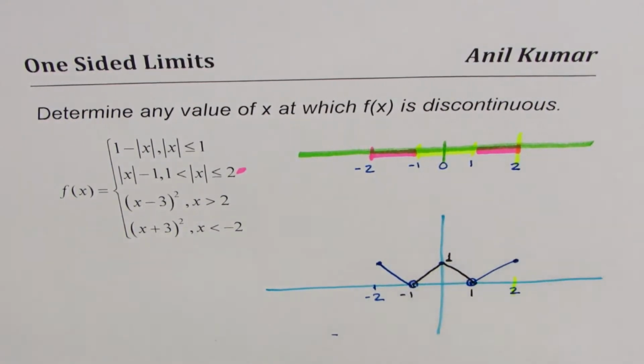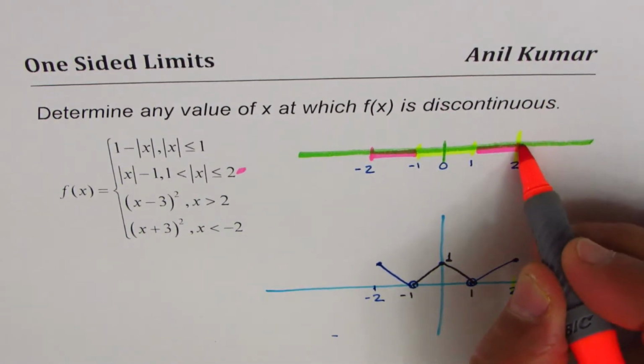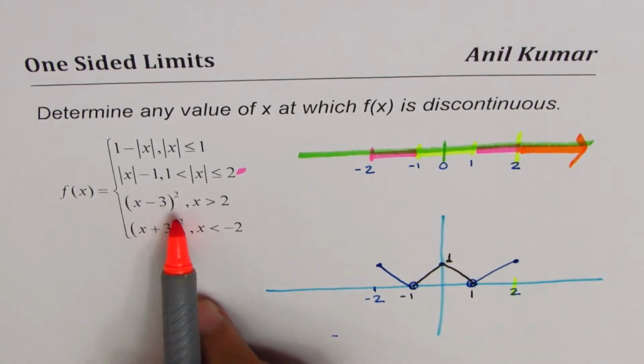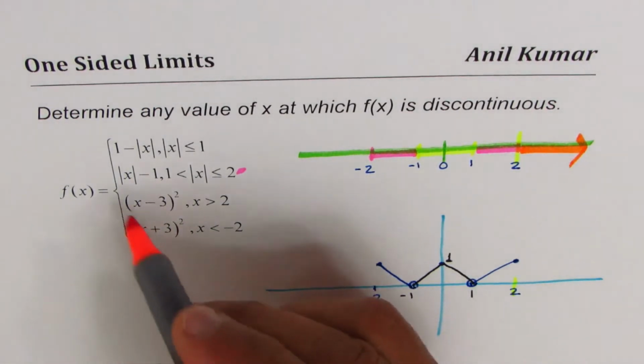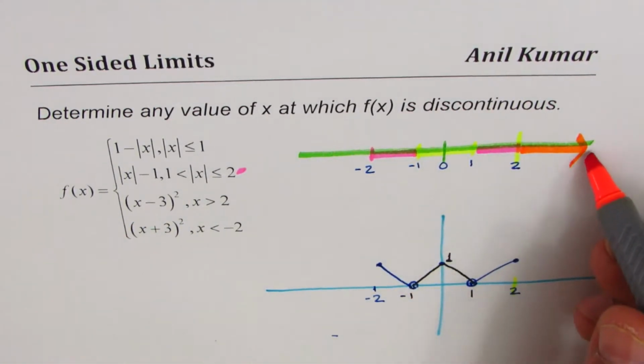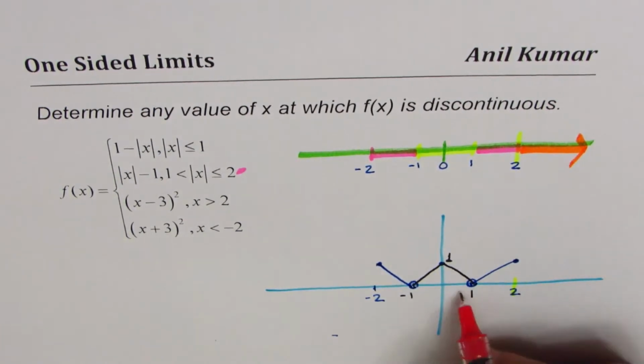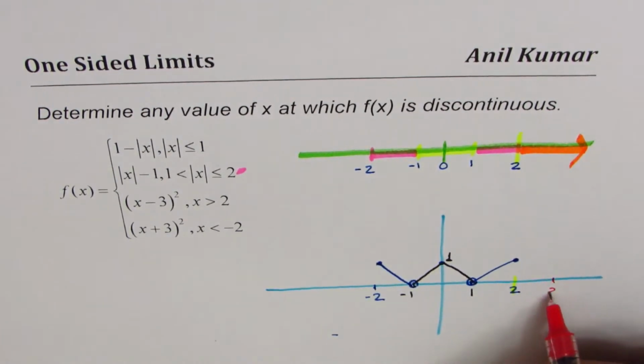Minus 2 and 2. Now let's look into the next part, which is when x is greater than 2. When we are working on this interval, it's a square function, x minus 3 whole square, which is a parabola shifted 3 units to the right. So 3 units to the right will be 1, 2, let's say this is 3 for us.